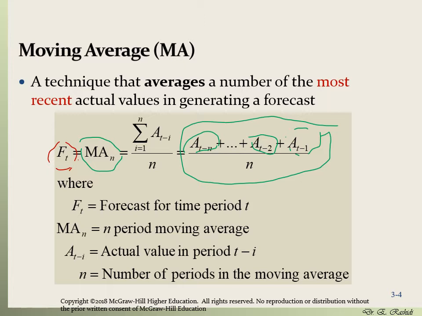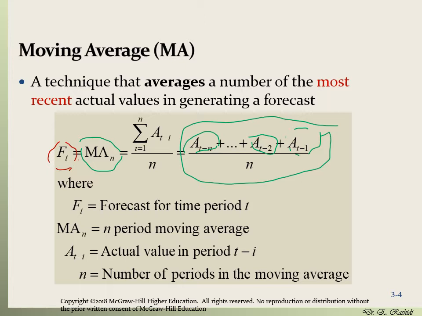And it's called moving because when you get new data for a new period, you're going to involve the most recent one, and you're going to drop the oldest period that you have. That's why it's called moving: as new data for new periods is revealed to you, you add them and involve them in your data and remove the oldest one that you have.